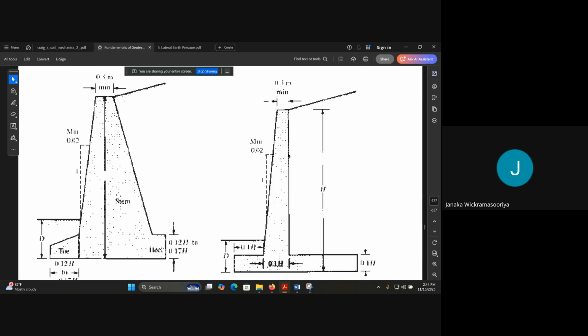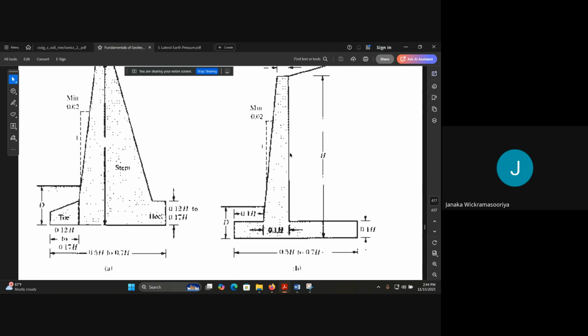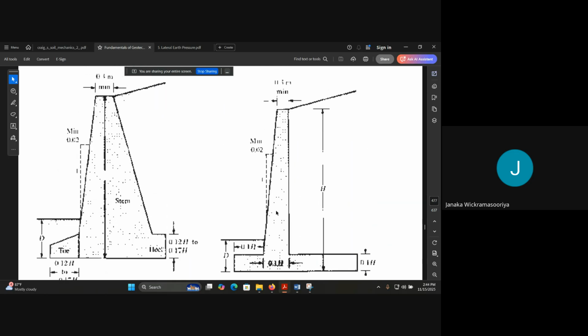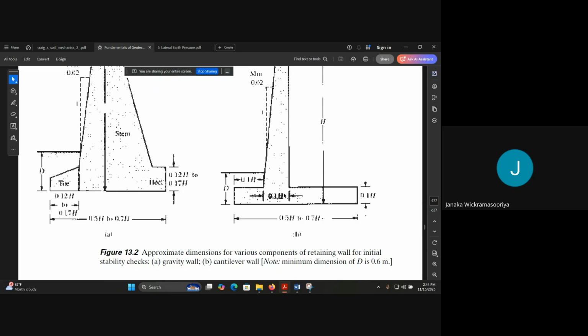It is clear in the original book. I have the original book at my home. In the original book the ratios are there. It means if this is H, then you can select this depth, this length, and so on. However, what we are doing here is the designing of this kind of retaining wall.